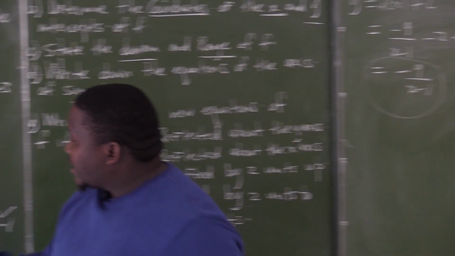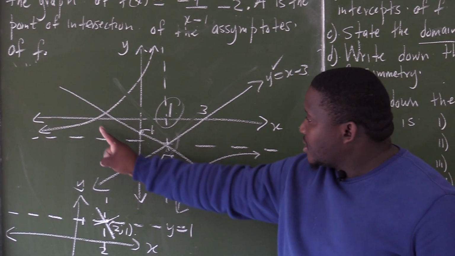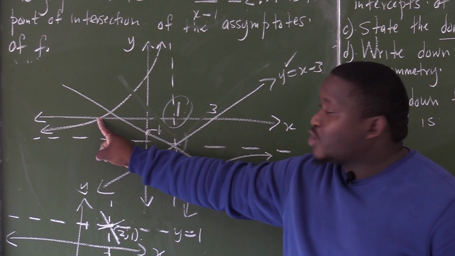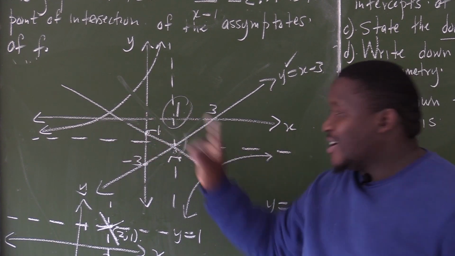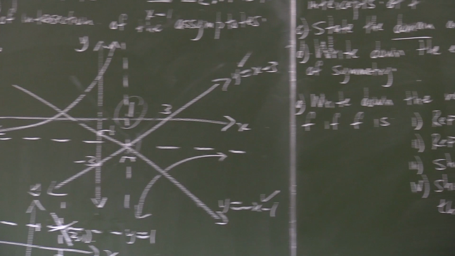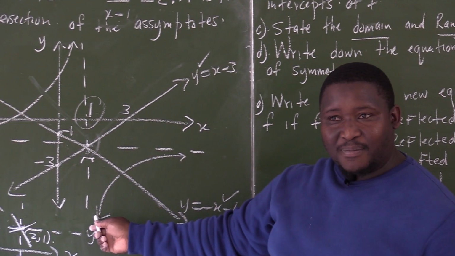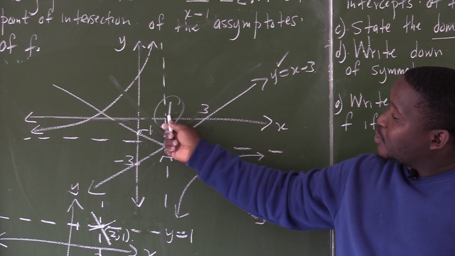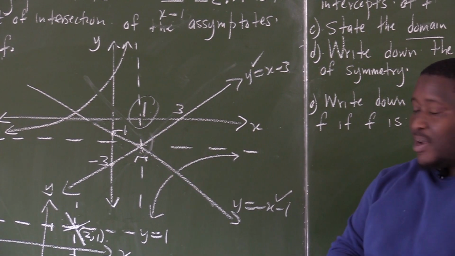You would expect that if I shift this graph by 2 units, obviously this point that was there has to move by 2 units towards your right. Now, let's focus on the vertical asymptote, x equals 1.